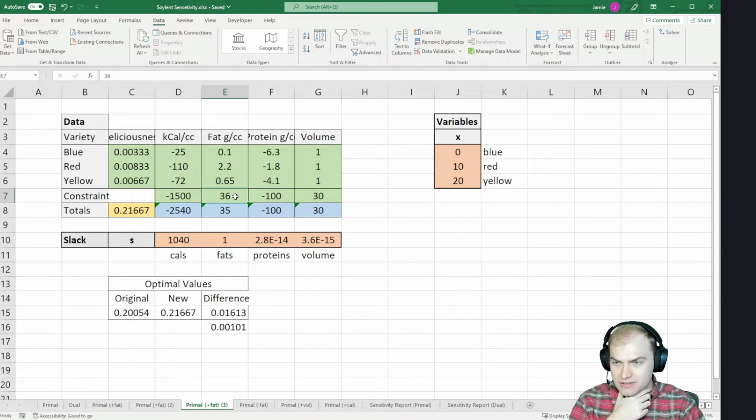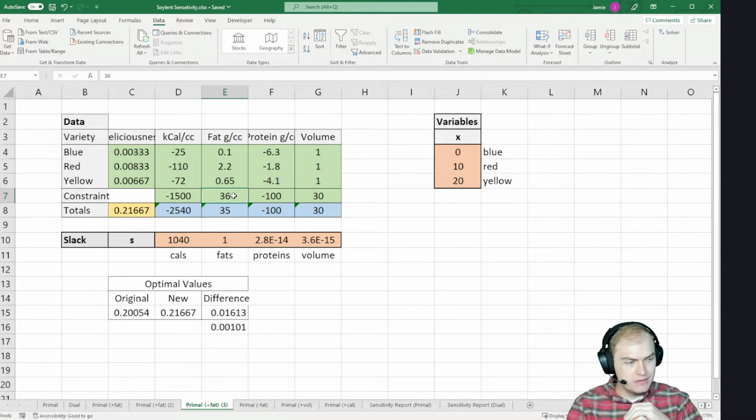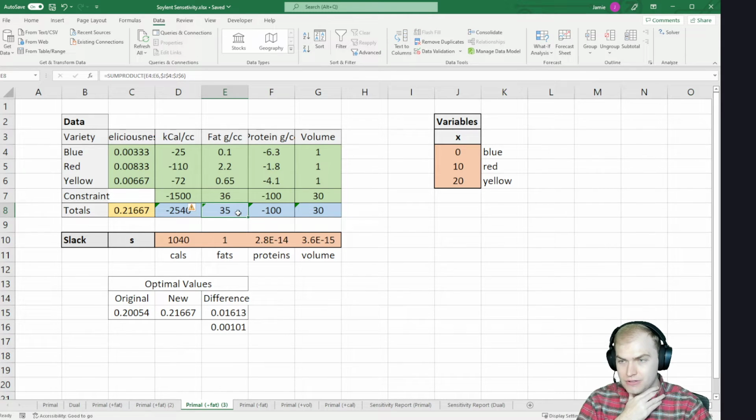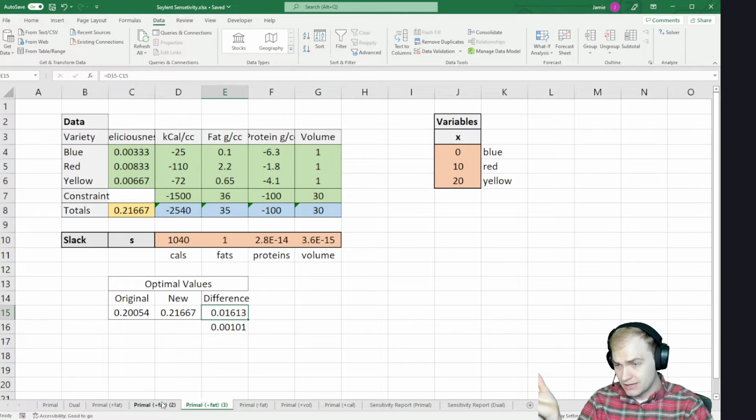But if I bump it up to +16 grams of fat, we actually put ourselves in a different basis. And we don't actually utilize all the fats because it's not optimal. And so we're not getting the same amount of increase. Well, correction, we are getting exactly the same increase if we see these two cells. Exactly the same increase over the original problem.